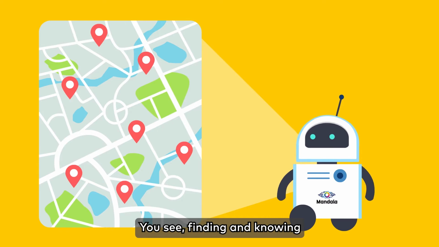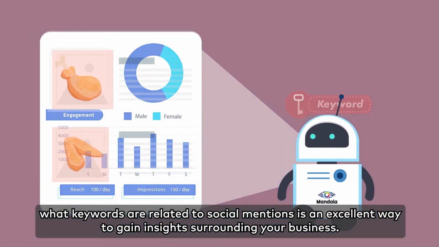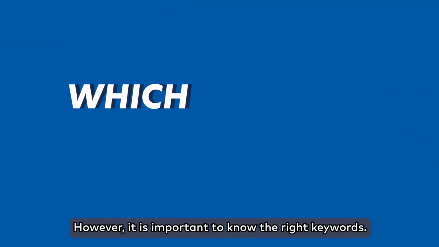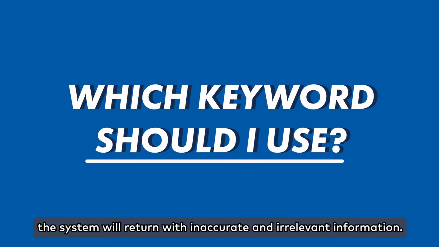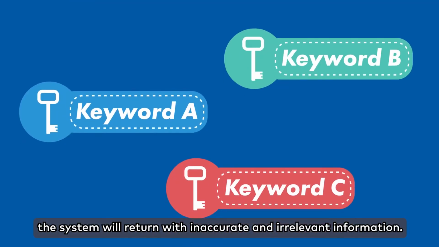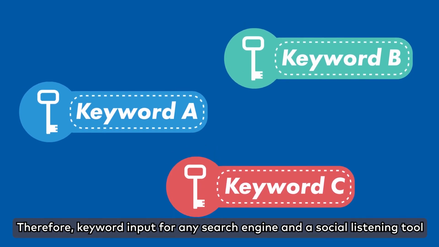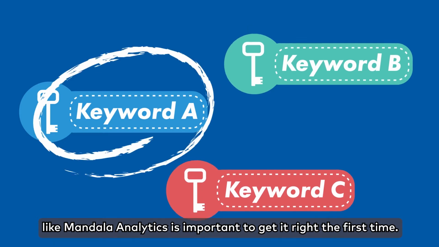You see, finding and knowing what keywords are related to social mentions is an excellent way to gain insights surrounding your business. However, it is important to know the right keywords. If you're using the wrong ones, the system will return with inaccurate and irrelevant information. Therefore, keyword input for any search engine and a social listening tool like Mandala Analytics is important to get right the first time.